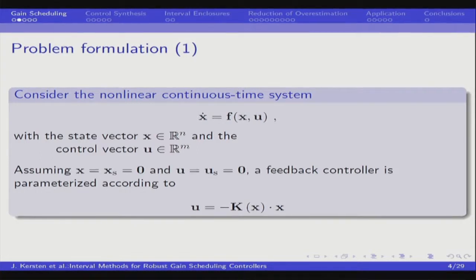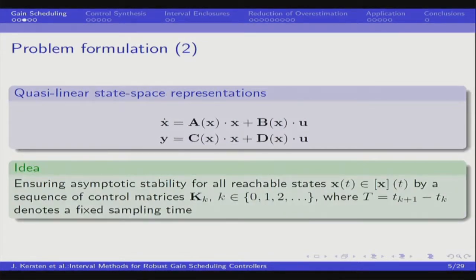So what we do with the nonlinear equations, first we try to reformulate that into the quasi-linear state representation, because as I already told you, we want to use LMIs, and the LMIs are just usable for quasi-linear or linear state space representations.